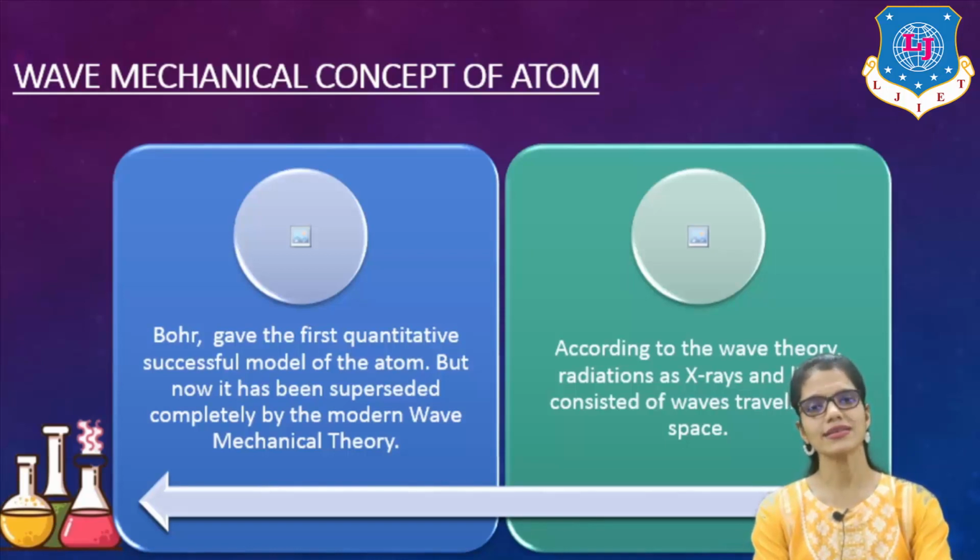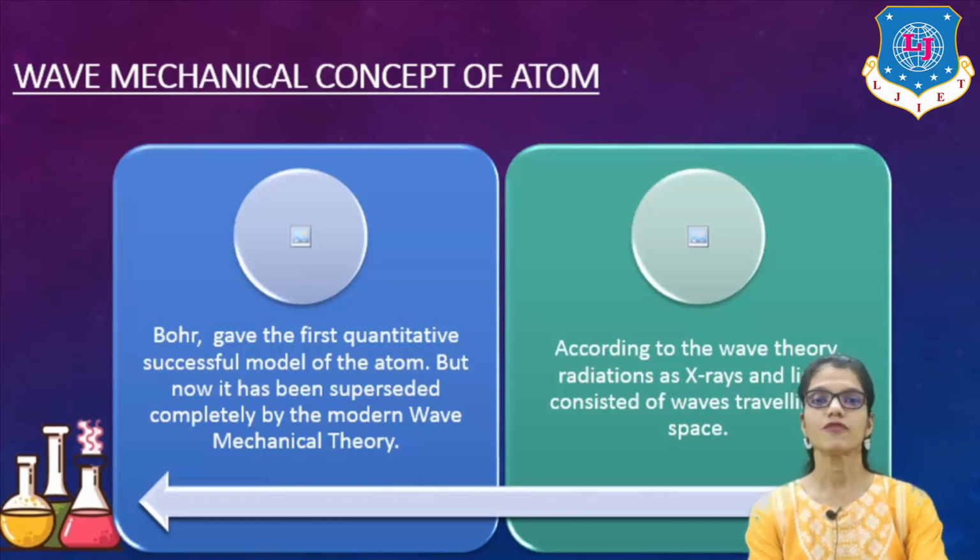So let's understand what this wave mechanical concept can give us, the idea or the study of an atom. The scientist named Bohr gave the first quantitatively successful model of the atom. But now it has been superseded completely by modern wave mechanical theory.